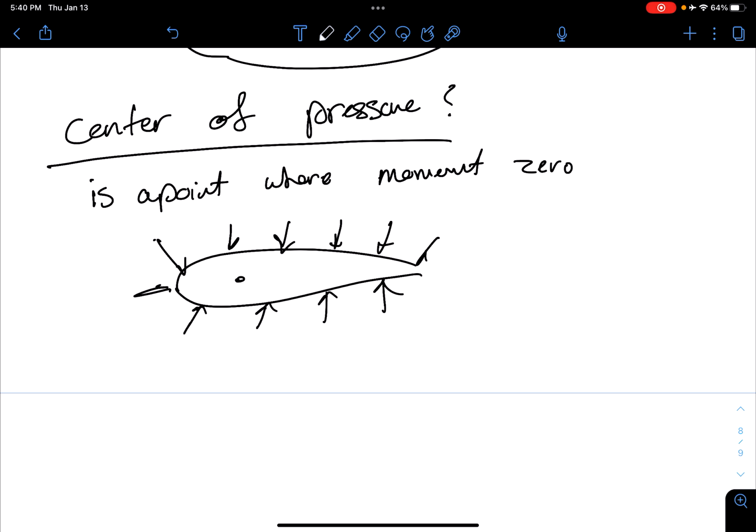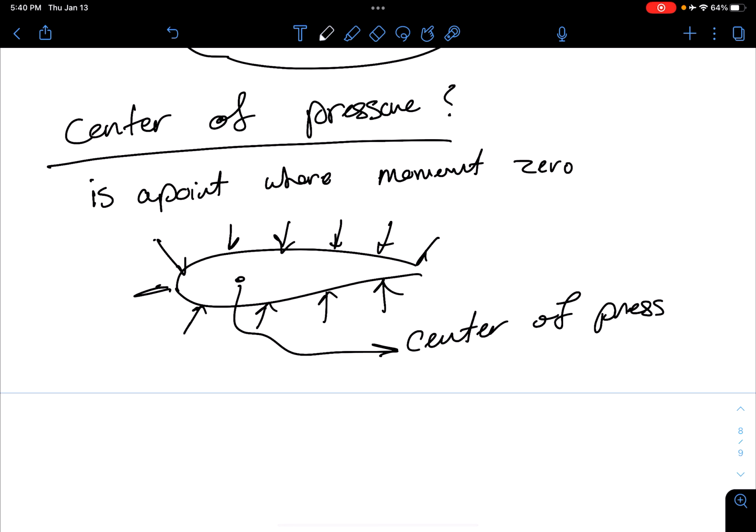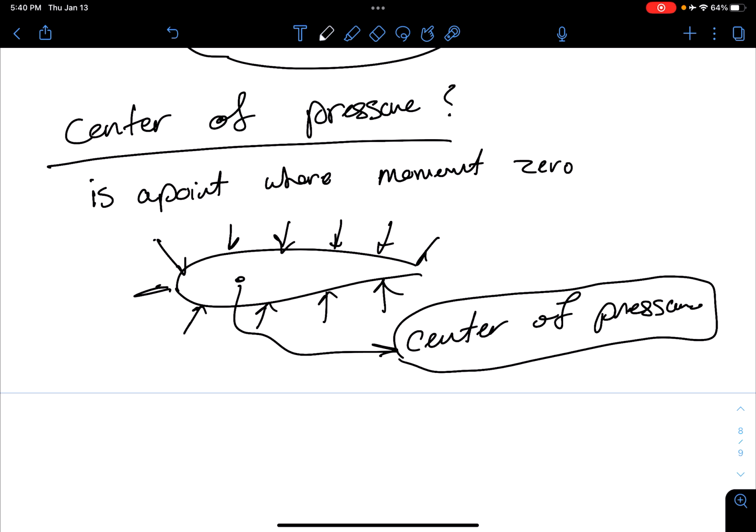That specific point, where moment is 0, is called the center of pressure. And it's, of course, very beneficial to us to use the center of pressure as the point we want to put our forces on, because we don't have to deal with moments anymore, right?